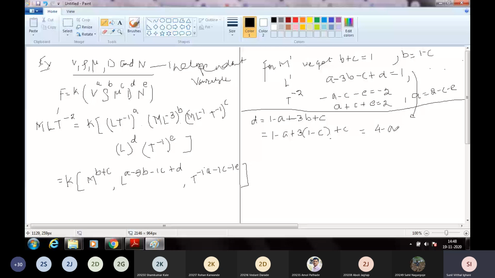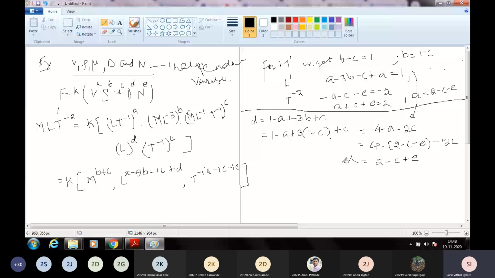The value of A is also there. You just put the value of A in this equation: 4 minus (2 minus C minus E), minus 2C. If you resolve this, you will get the answer 2 minus C plus E. So this is the value of D.